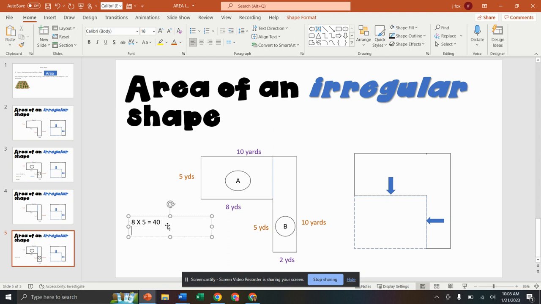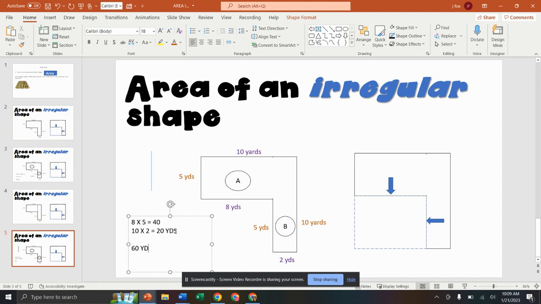So 10 yards times 2 yards equals 20 yards. Now again, this is the actual shape that we're talking about. We just split it up this way. So we have to add both pieces. So we'll add our 40 and our 20. And 40 plus 20 is 60.